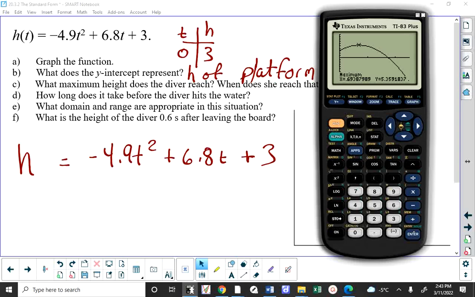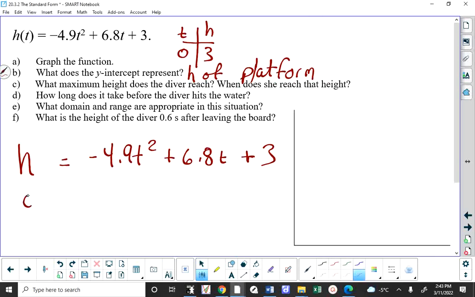So for question C, I don't want to cram all this in. For question C, the maximum height is about 5.4 meters. When does she reach the maximum height? At 0.7 seconds. At the x-coordinate. So this is why I do have the graph here.